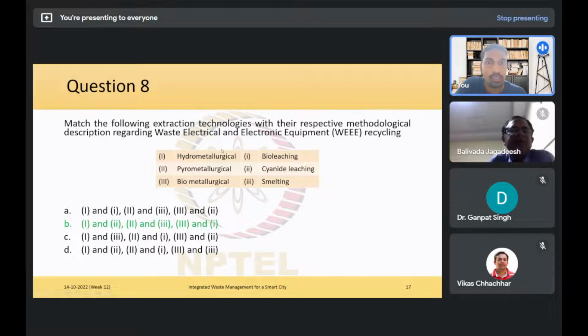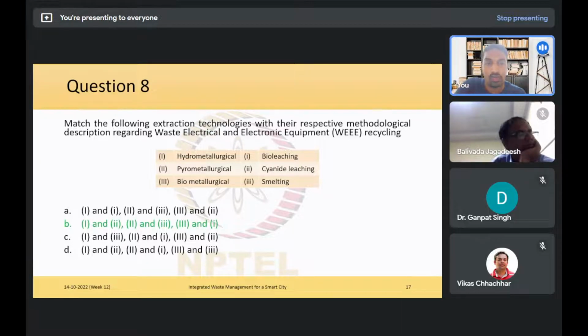So in a hydrometallurgical process, we use an aqueous solution, such as in the cyanide leaching process, where we try to make these metals soluble in an aqueous solution, and then we could separate out the metal from the rest of the material that is present in the waste, right?